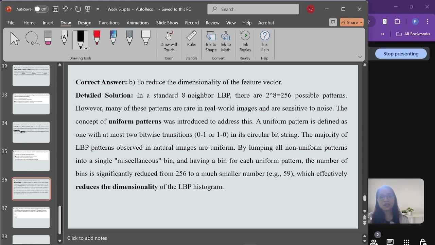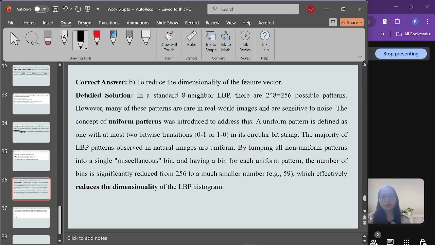In a standard 8-neighbor LBP, there are 2 to the power 8, that means 256 total possible combinations or patterns. Many of these patterns are rare in real-world images and sensitive to noise. So the concept of uniform pattern was introduced to address this problem.